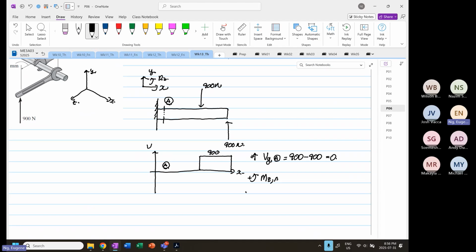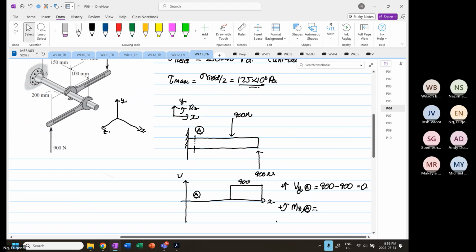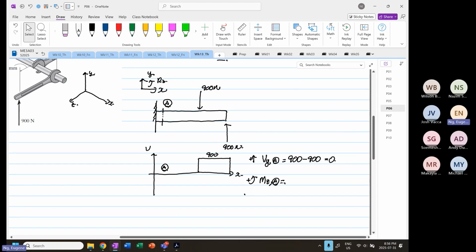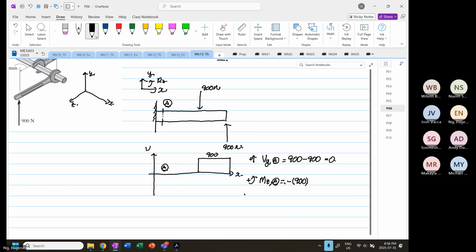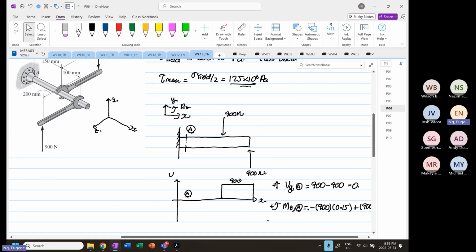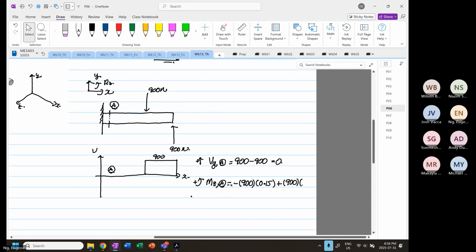The moment about Z at point A will be equal to 900 multiplied by 0.15, which is going in the anticlockwise direction, minus 900 multiplied by 0.15, plus 900 multiplied by 0.25.